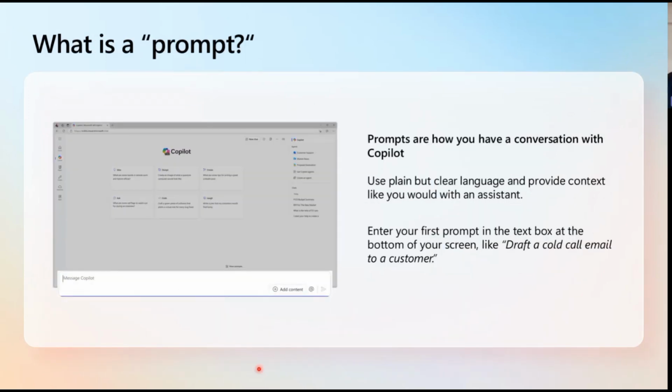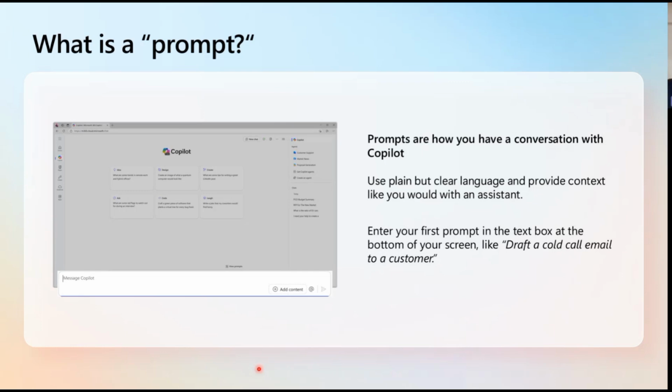Okay, so we go into prompts. So what exactly are prompts? Prompts are more like, let's say, your chat, what you ask Copilot, the needs or the request or the research you're trying to do. So whatever information you feed to Copilot, that is a prompt, right? And there are no bad prompts and there are no good prompts.